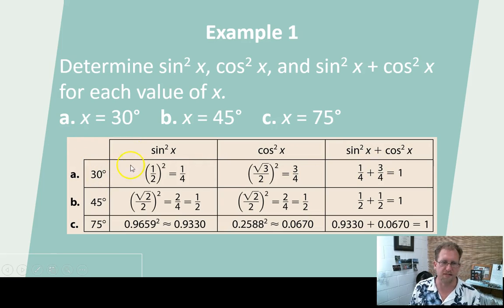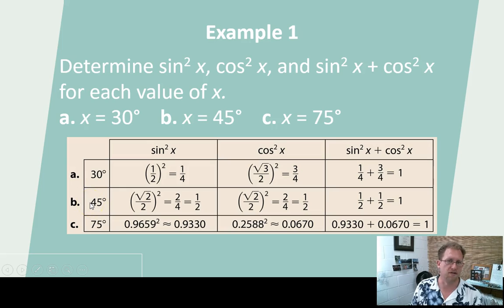So 30 degrees, the sine of 30 degrees is 1/2. 1/2 squared is 1/4. Cosine of 30 degrees is radical 3 over 2. Square that, you get 3/4. So 1/4 plus 3/4 equals 1. Sine squared x plus cosine squared x equals 1 for 30 degrees.